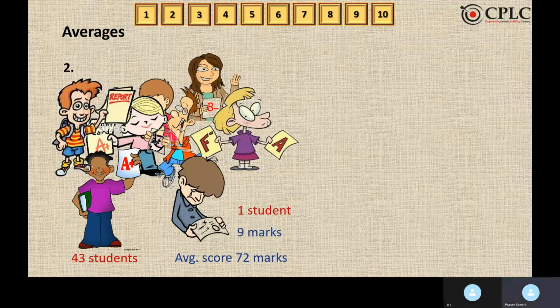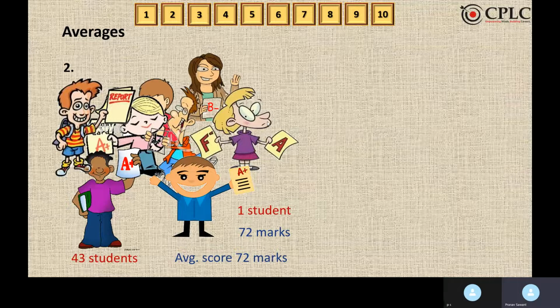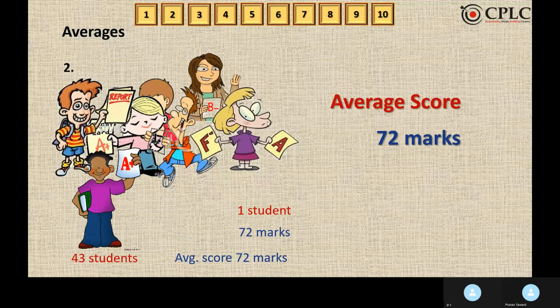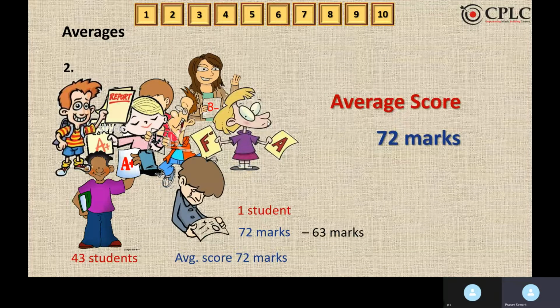So let us assume that the student has scored 72 marks just to keep the average constant. That means now the average score is 72 marks, but the student has actually scored 9 marks. So there is a difference of 63. We have to exclude that student.